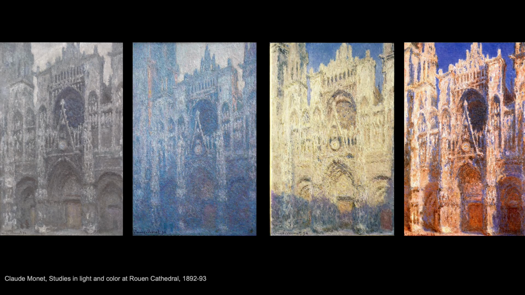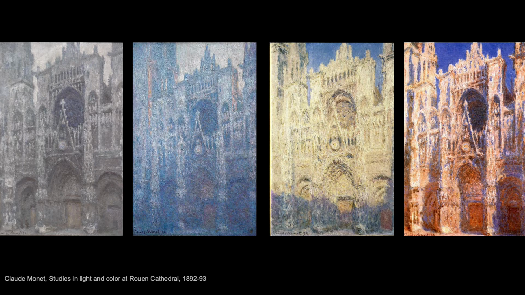Looking at another Impressionist artist, again an artist interested in capturing the ever-changing effect of light on the way we perceive the world around us. And here we're looking at Claude Monet. Monet created several groups of paintings that explore the color, light, and form of a single subject at various times of day.